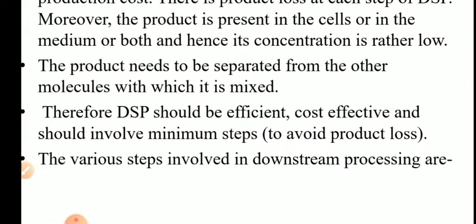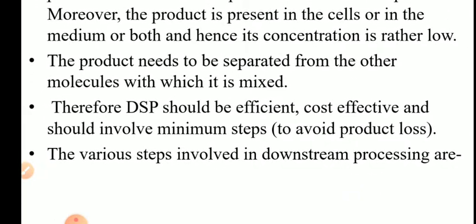Therefore, downstream processing should be designed in a very efficient manner, with a minimum number of steps to avoid product loss at each step, and it should be cost effective also. Otherwise, the final cost of the product may increase. So downstream processing should be efficient, cost effective, and should involve minimum steps to avoid product loss.